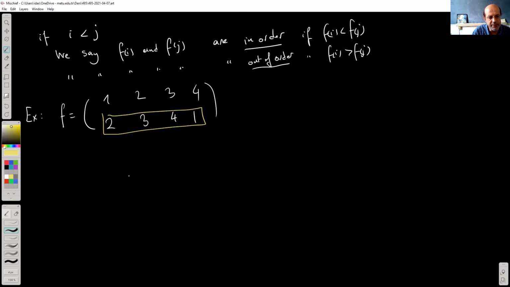I don't even need to know the other things, I just need the order. So what I do is look at 2 elements in here and decide if they are in order or out of order. For example, this 2 and 3 is in order. That's also in order. This is out of order. But do not compare only two successive elements.